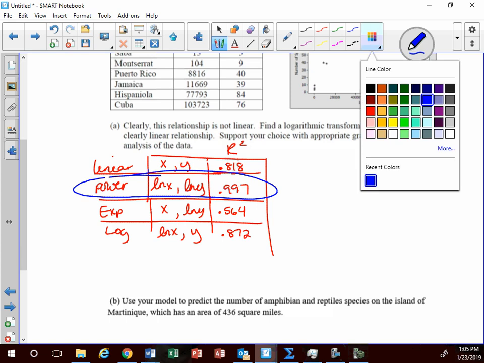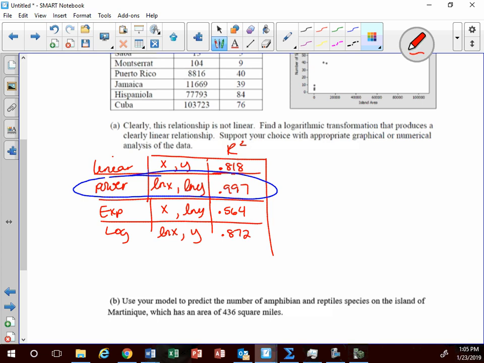So when we actually write our regression line, we write natural log, number of species, with a hat, because that's the predicted number of species, equals 0.76 plus 0.32 times natural log of area.